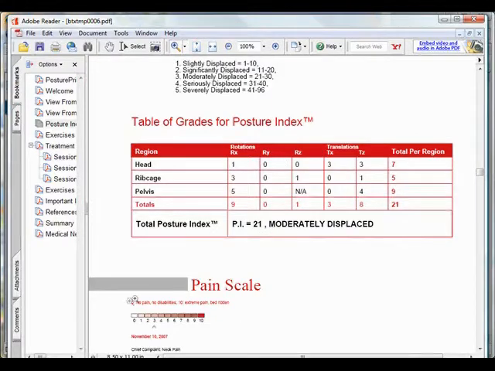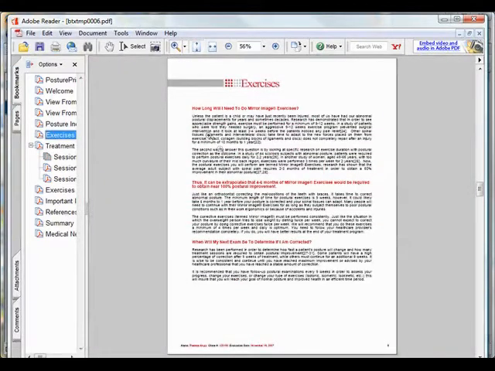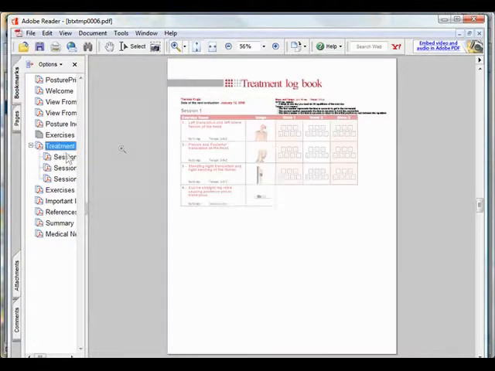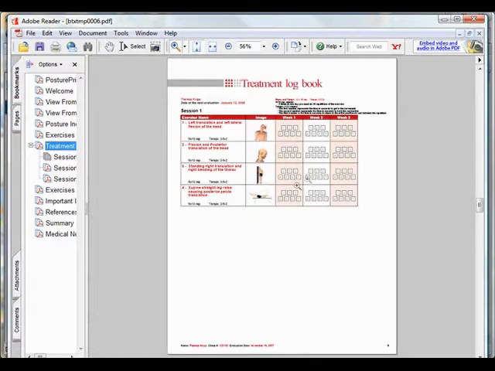Okay, there's her pain scales. Her exercises, it goes through what differentiates these exercises from the average physical therapy exercises that are based on function, not structure. It goes through the treatment protocols. So this is a chart that will actually go home with the patient, a log, so they will be accountable. They'll bring in their log once a week and review it with the doctor.